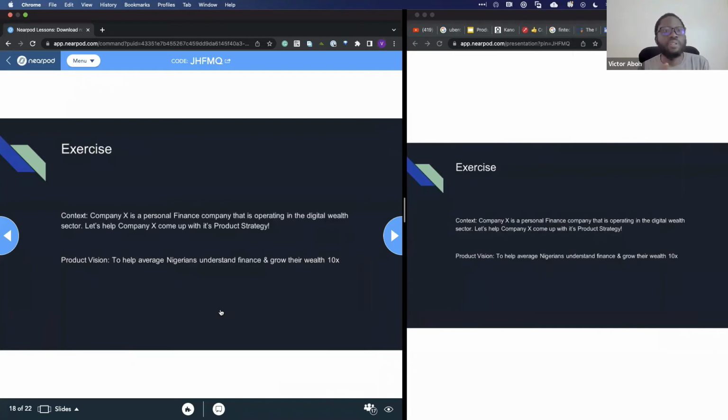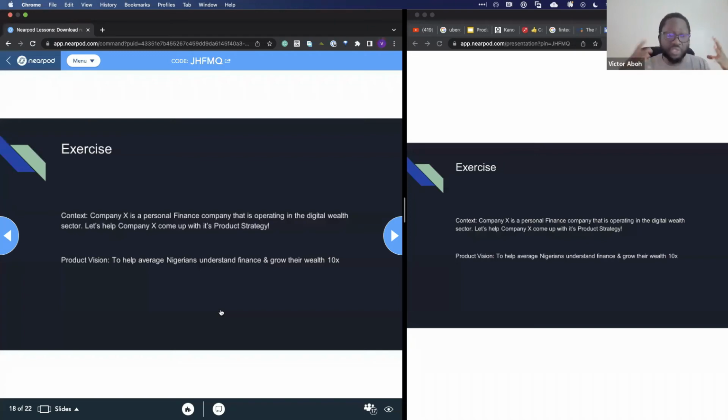So let's imagine that we're company X and we are a personal finance company operating in the digital wealth sector. Let's help company X come up with its product strategy today. Its vision is to help average Nigerians understand finance and grow their wealth 10x.